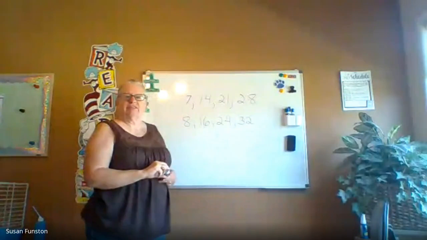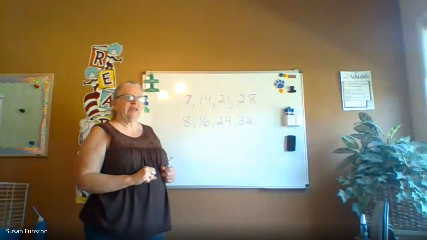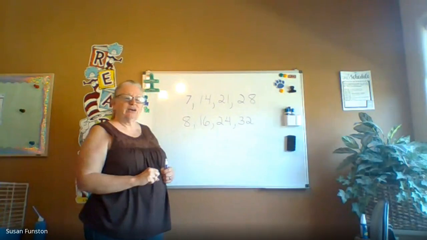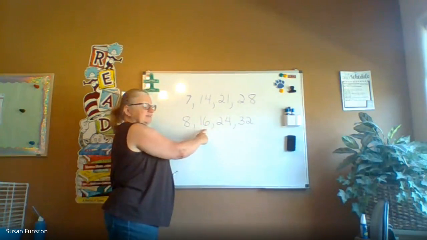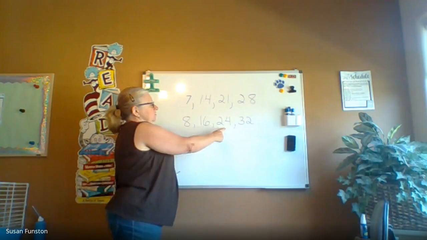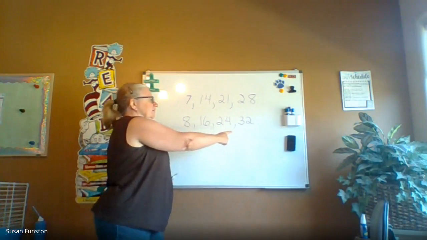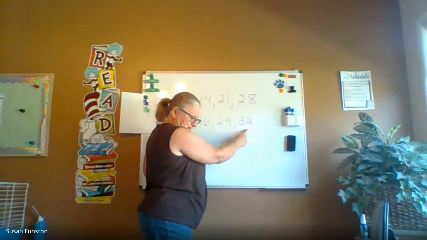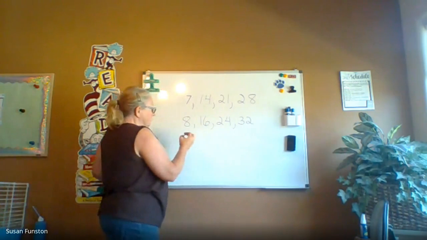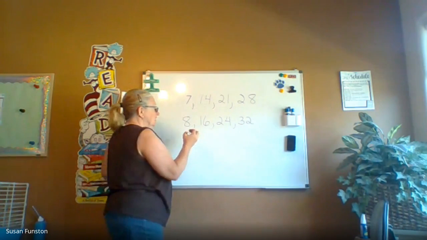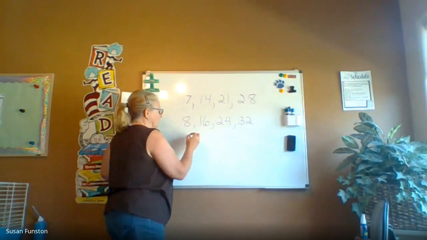Okay, let's count together. We're going to start at 8 because we're counting by 8s. Ready? Go. 8, 16, 24, 32. Awesome job. Think we can do 9s? Yeah, I think we can. Okay, so we're going to start with what if we're counting by 9s? 9.